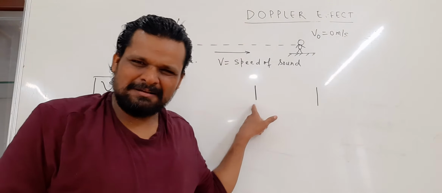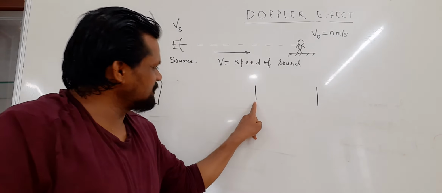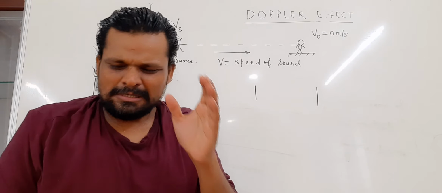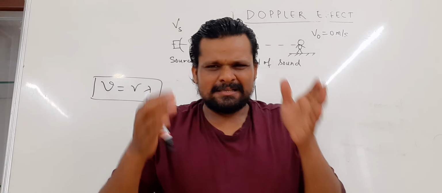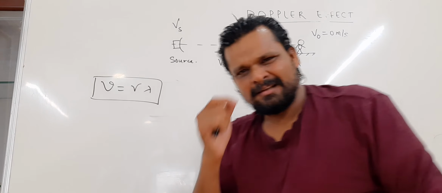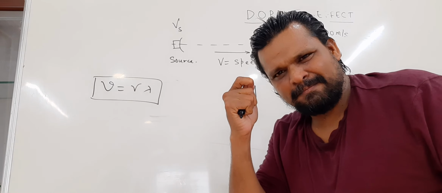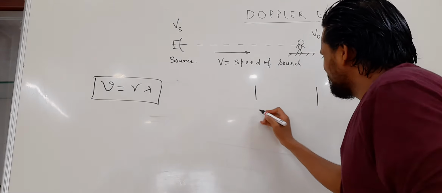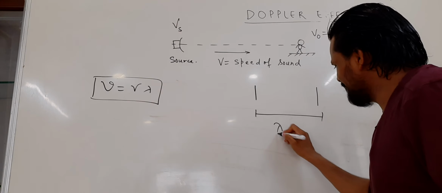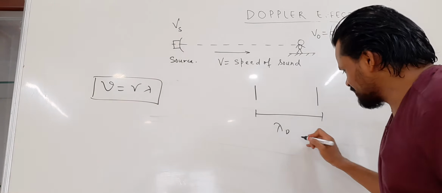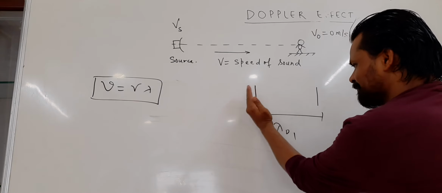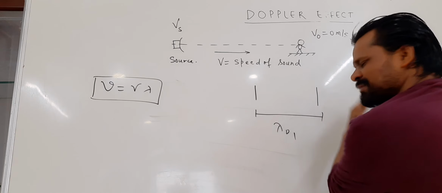Suppose these two points are the closest same-pressure points. This is lambda naught, and how much time does the variable pressure take to transfer from here to here?